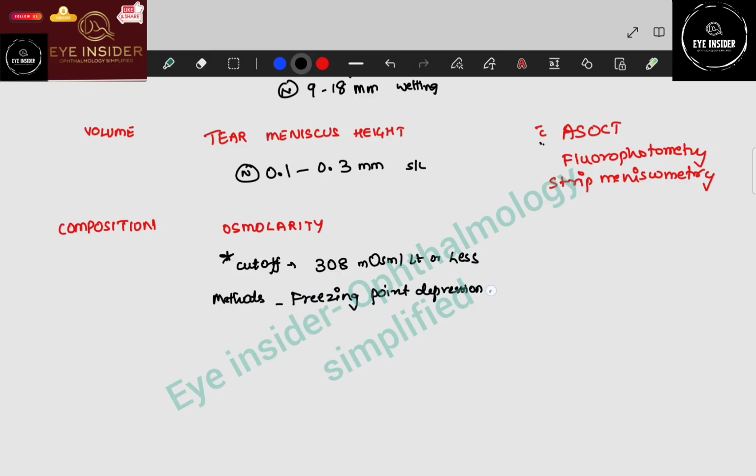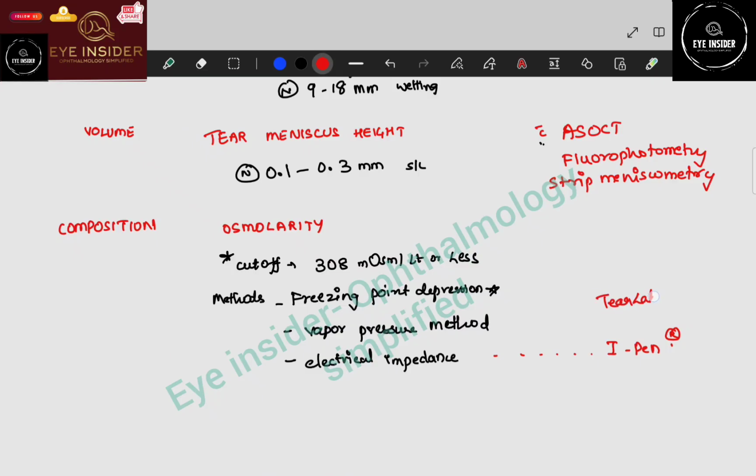It can be with the help of either the freezing point depression method, vapor pressure method or electrical impedance. Commonly used is the freezing point depression method. Electrical impedance is used with the instrument called I-Pen.